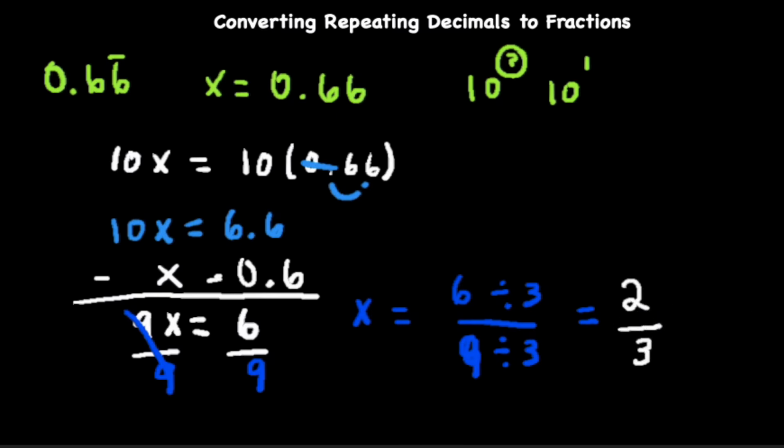There you can see that our repeating decimal 0.66 repeating is equal to 2/3, 2 over 3. Let's move on to another example, and then I'll show you the shortcut way of doing this as well. I wanted you to see exactly how this process is completed.